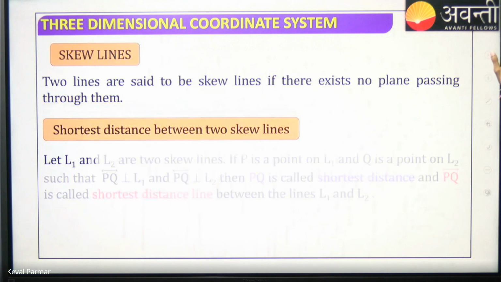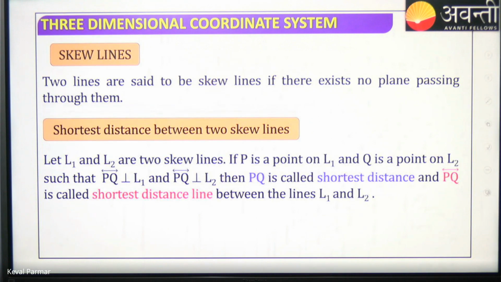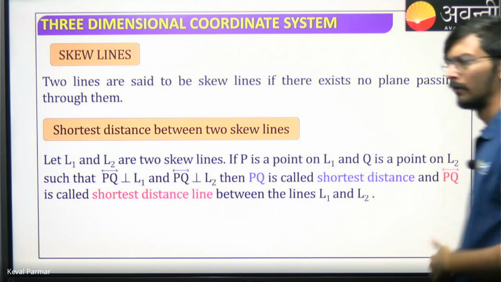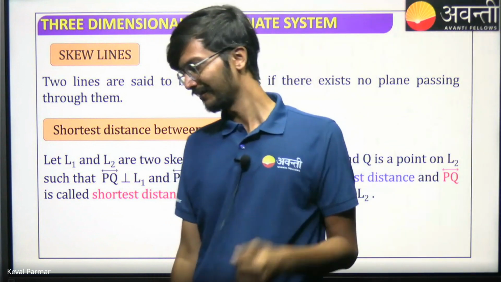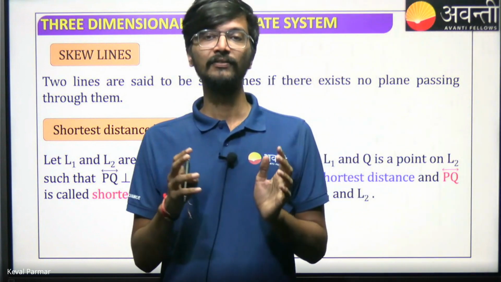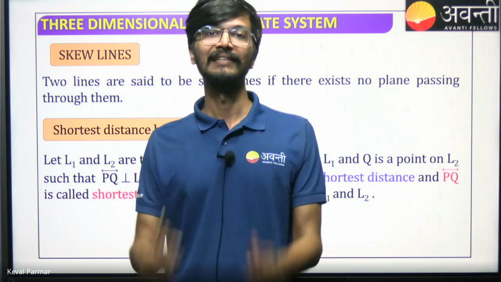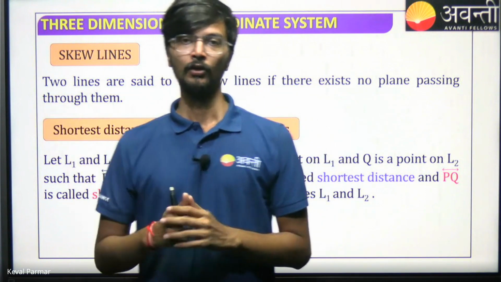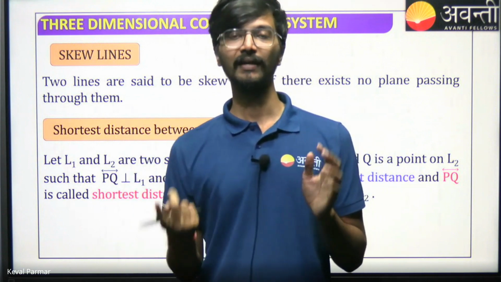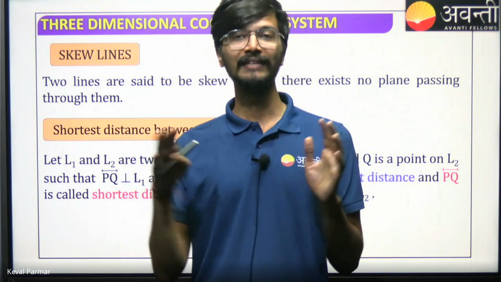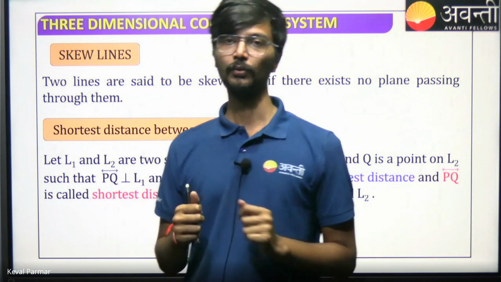Now, the next thing is skew lines. What are skew lines, guys? Skew lines are nothing but lines which are non-coplanar. So if two lines are non-coplanar, yes, it is possible that two lines can be non-coplanar, they are called skew lines.